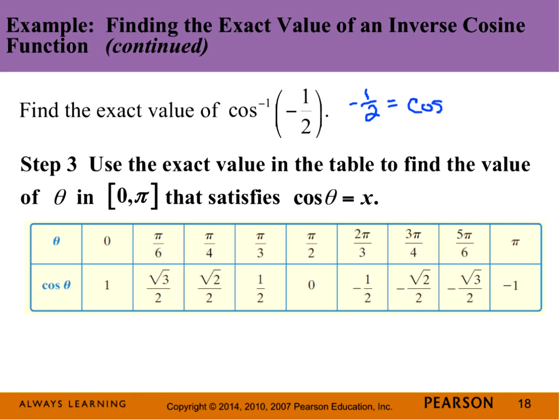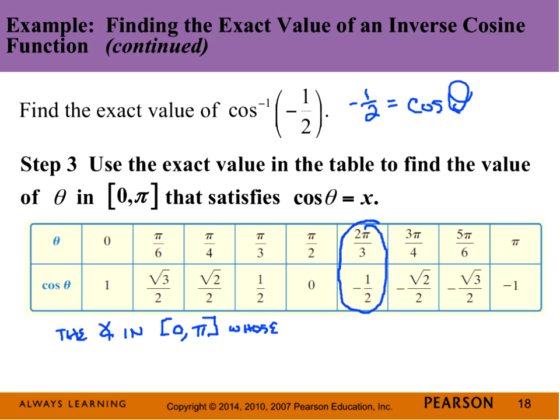Okay, so I'm just grabbing a blue pen here. So once again, we're looking to figure out what value of the cosine of theta is equal to -1/2. And I see right here that when the cosine of theta is equal to -1/2, that theta is 2 pi over 3.